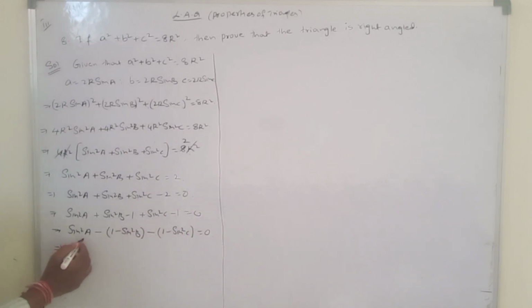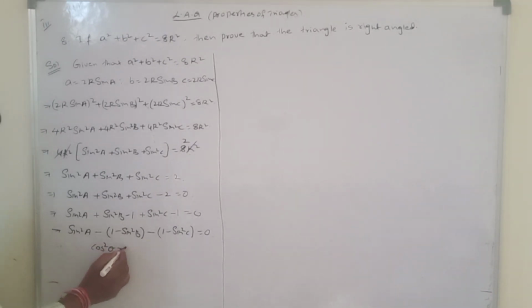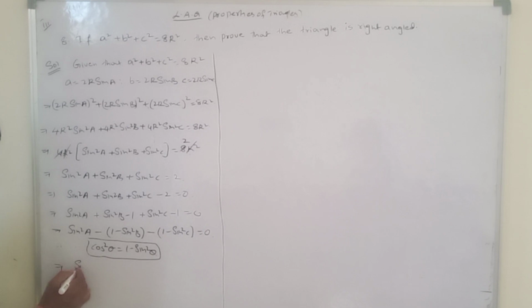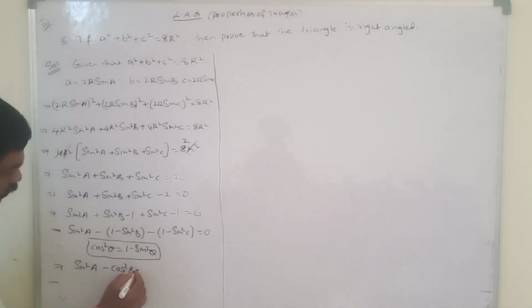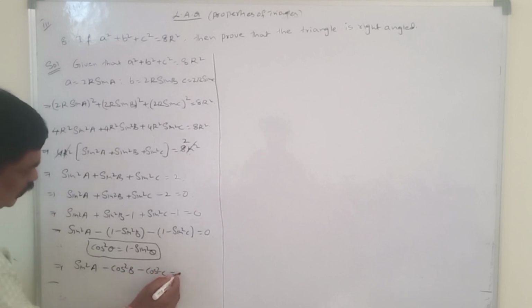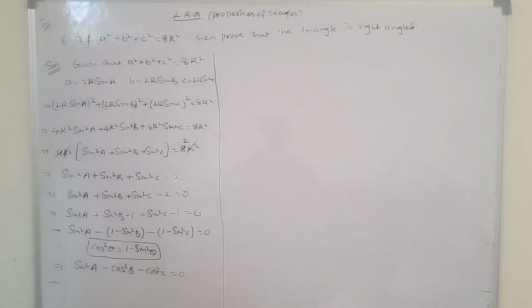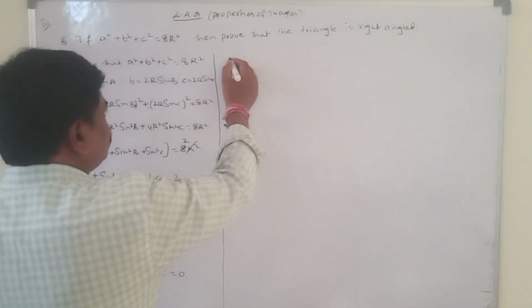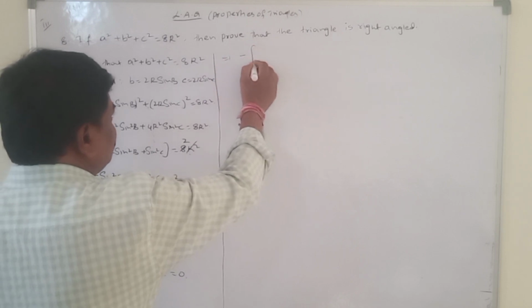Then we know cos square theta is equal to 1 minus sine square theta. Then it can be written as sine square A minus cos square B minus cos square C equal to 0. Sine square A minus cos square B minus cos square C equal to 0. Then we have to write this with minus common.